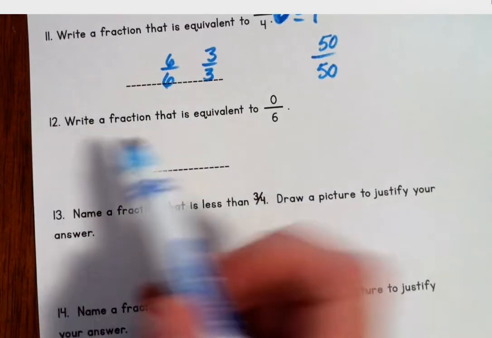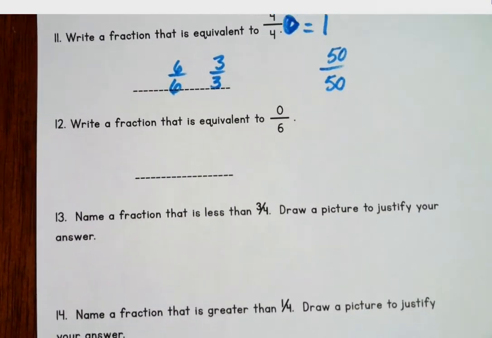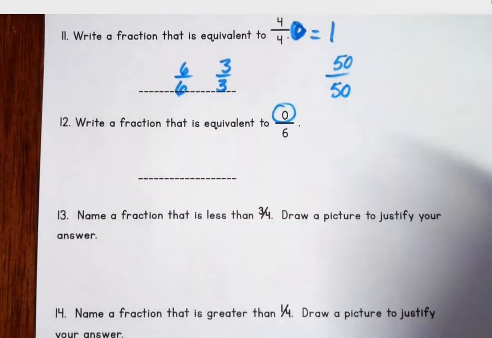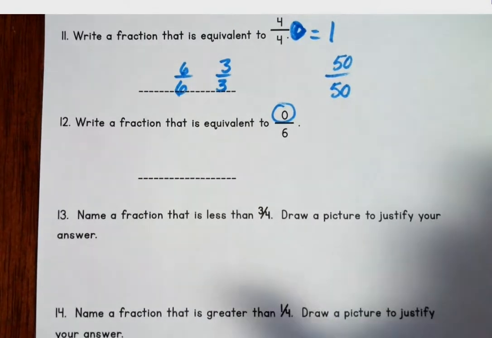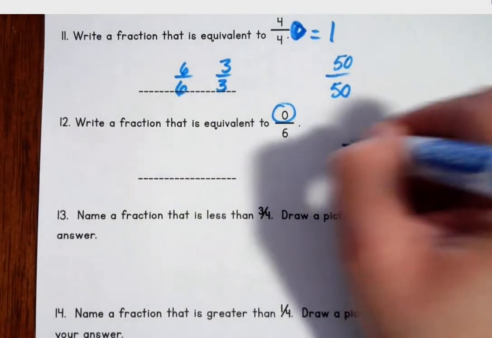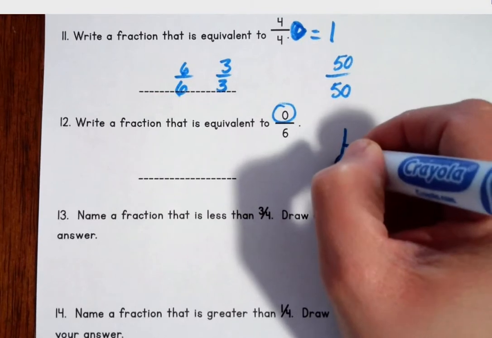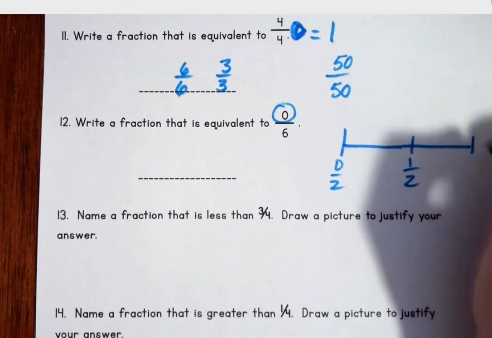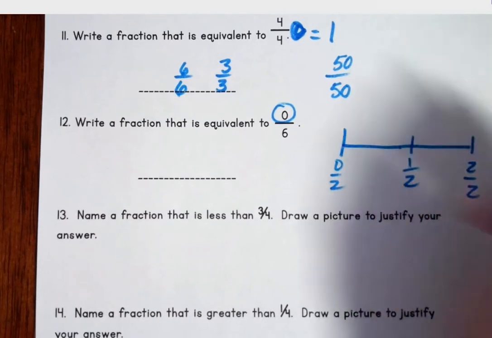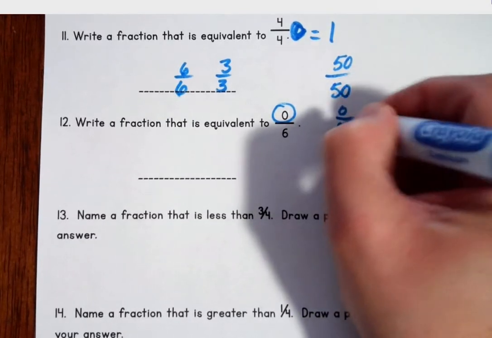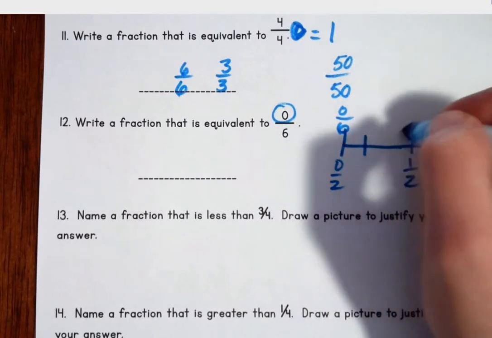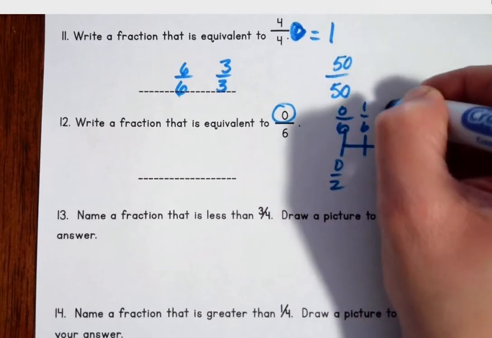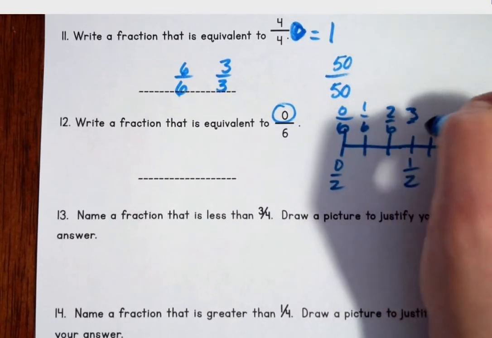Okay, same here. Write a fraction that is equivalent to 0/6. Well, same thing. As long as you have a 0 in your numerator, it's all starting in the same place. If you have a number line and you have 0/2, and this is 1/2, and this is 2/2, which is 1, and then you have 0/6, and then you have 1/6, 2/6, 3/6.